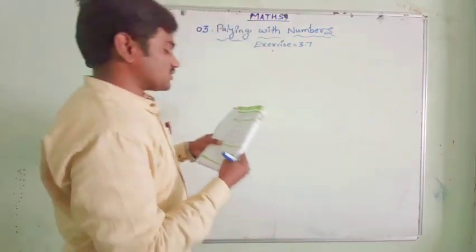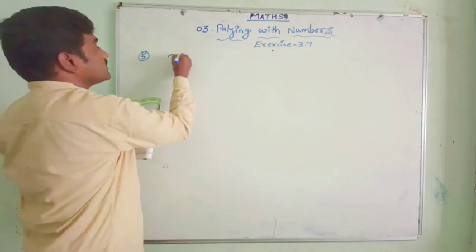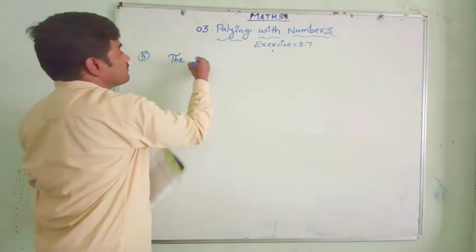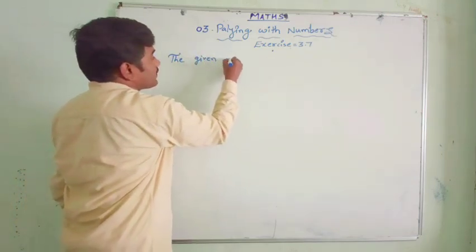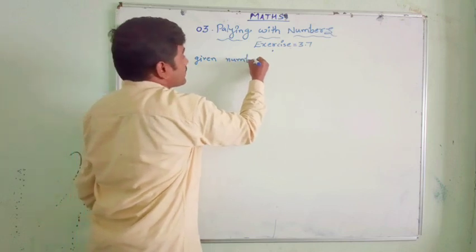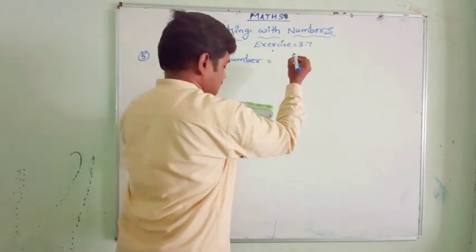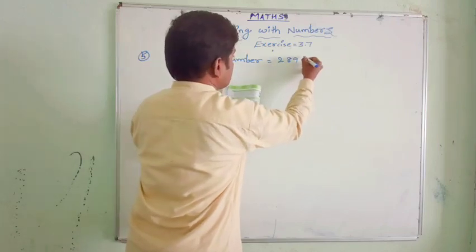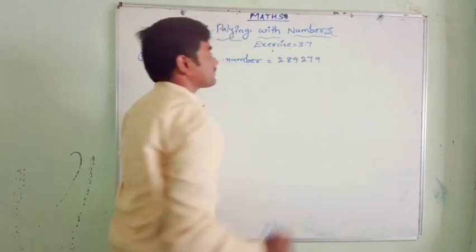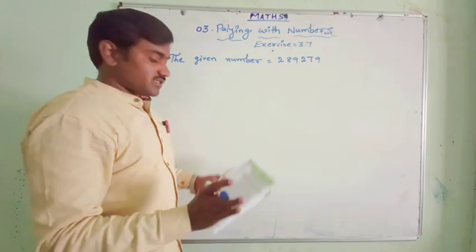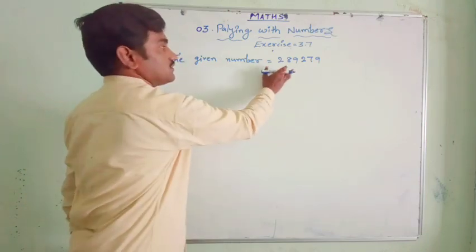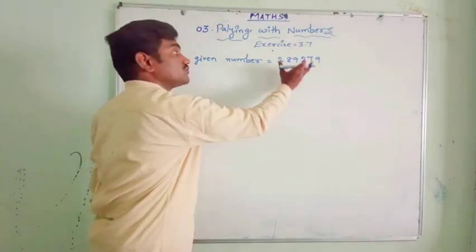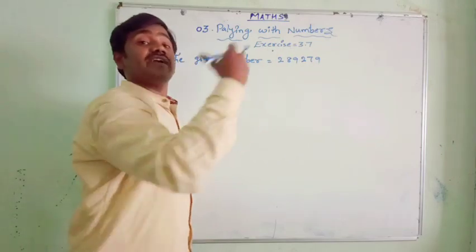So we have to find out the smallest number. The given number is 2,89,279.